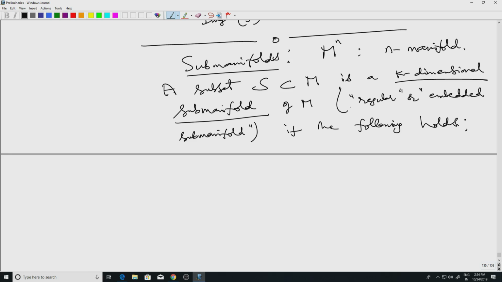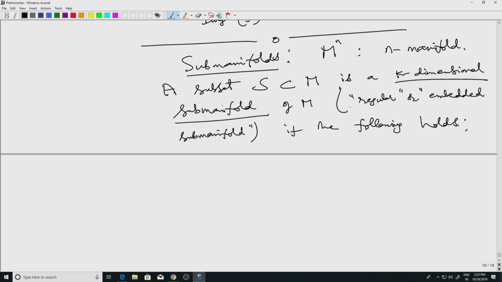A manifold locally looks like an open set in Rn. So now inside Rn, whatever definition of submanifold one takes, the simplest submanifold one can think of is just the k-dimensional Rk sitting inside Rn. So we want to model this on that simple setting.